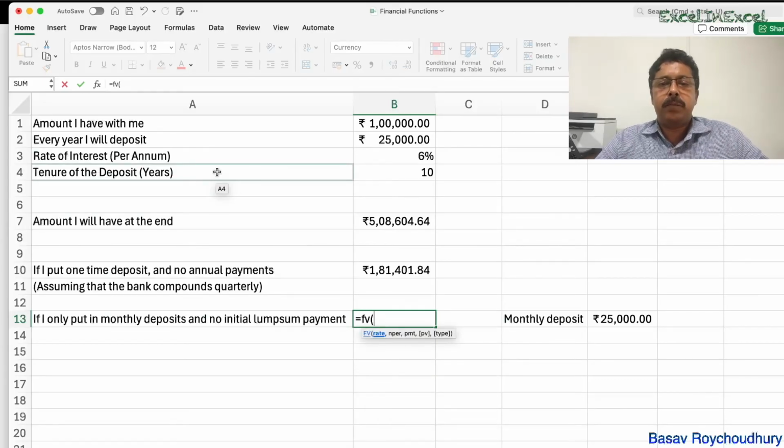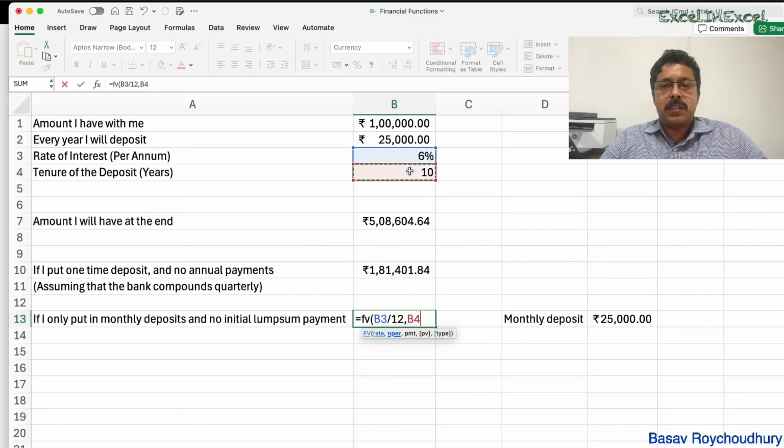So FV, rate, of course the rate of interest remains the same, but now I'm talking of monthly deposit, and therefore I need to divide it by 12 because now I'm getting the period in terms of months. So first case it was in terms of year, second time it was in terms of quarter, now I'm doing it in terms of month.